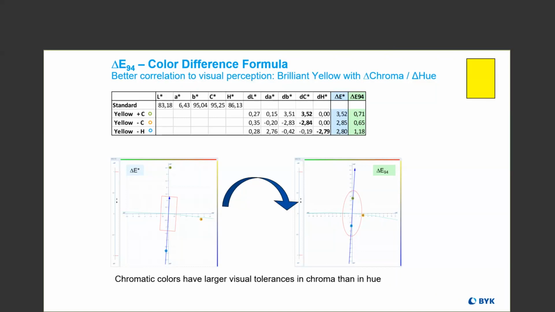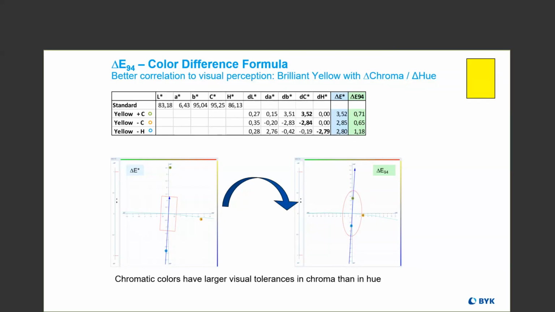But we can also see that if we look at the first 2 samples, yellow plus C and yellow minus C, versus the last one, the yellow that shifted in the hue angle, when going from DeltaE star to DeltaE 94, the yellow minus H doesn't go down by quite as much as the ones that are shifted in the chroma direction.